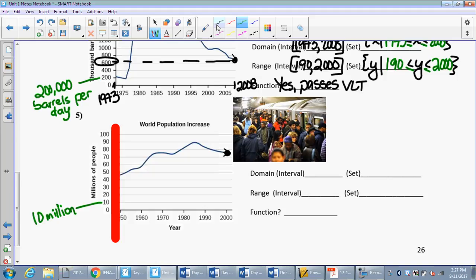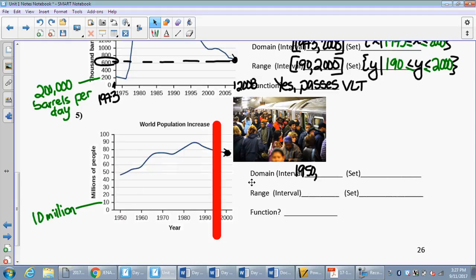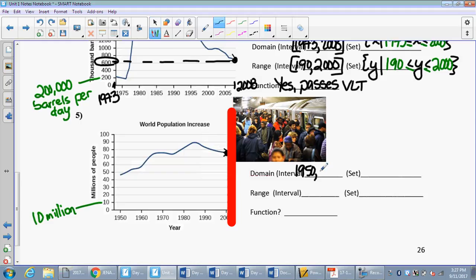So it's going to be 1950, comma, and then when I come in from the right, remember this is a solid dot, I'm at 2000. Those both get brackets because it exists at that value. And then dropping this into our set notation, I put 1950 right here and 2000 right here, bars underneath both.